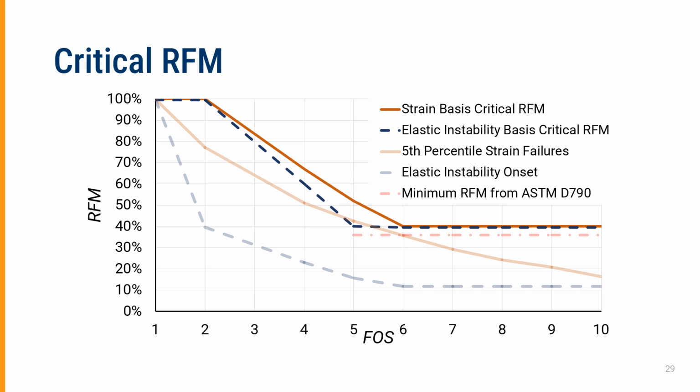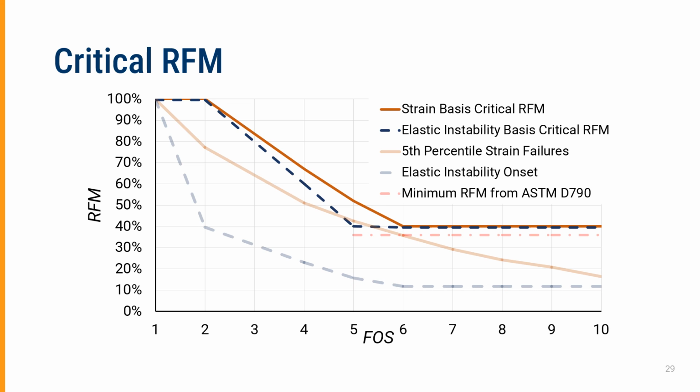So the critical RFM curve looks a little bit different for elastic instability than it does for strain bases. That's partly because elastic instability doesn't require quite as much conservatism.